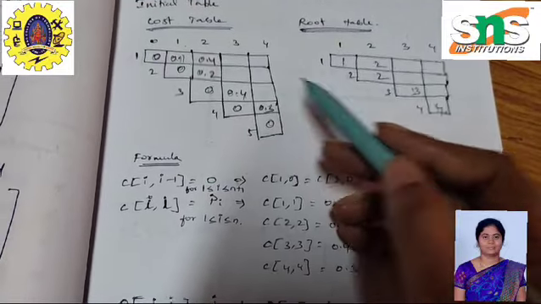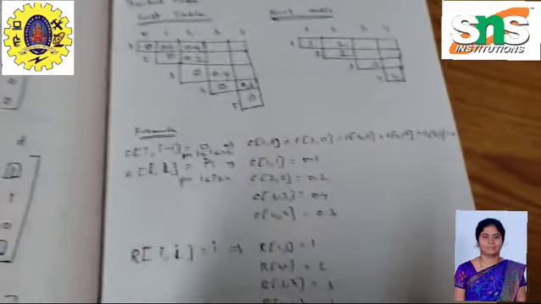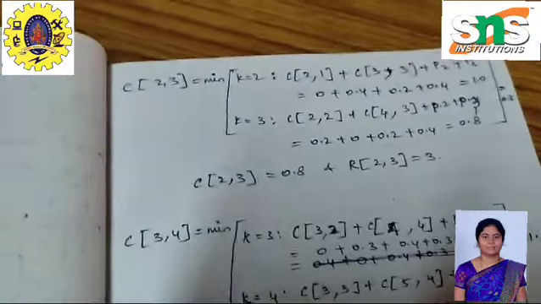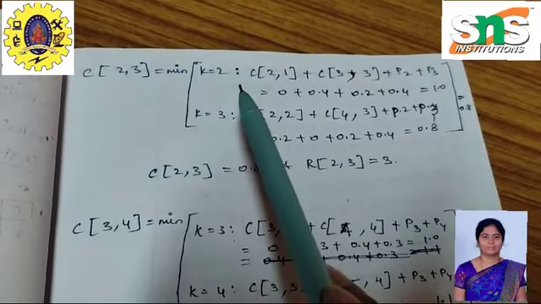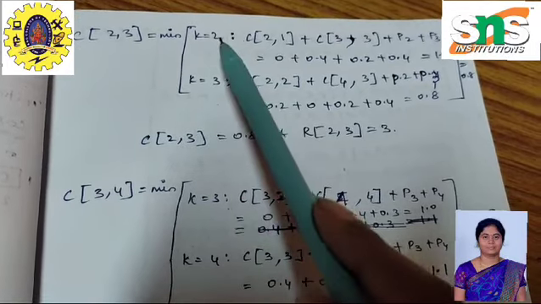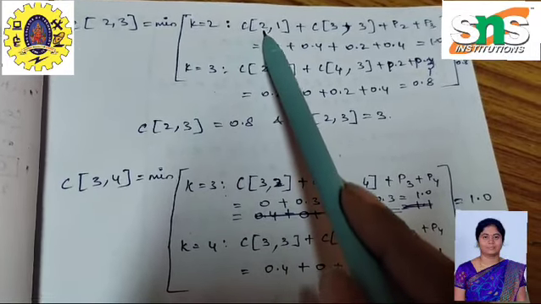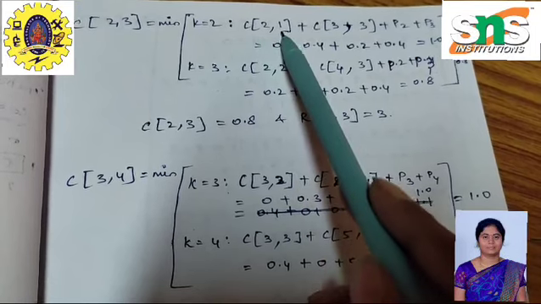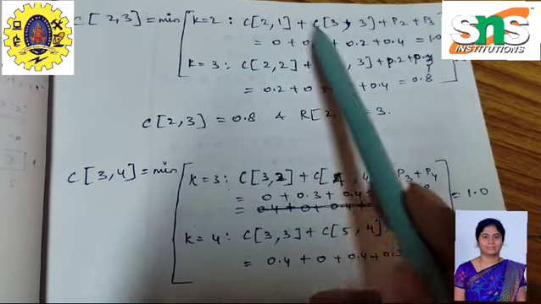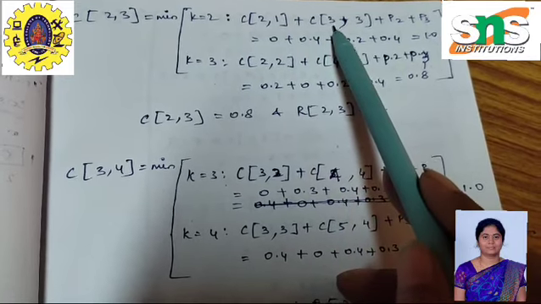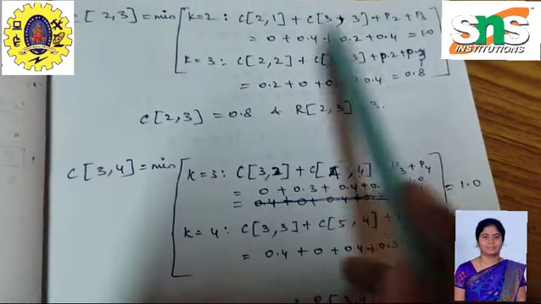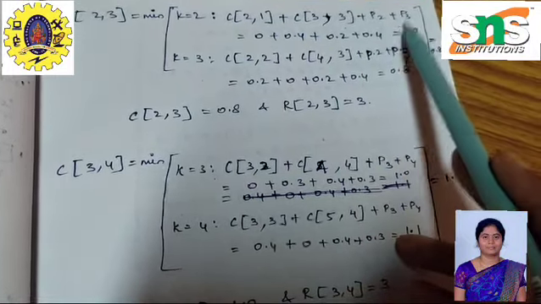Likewise, we calculate the remaining values. Here I have calculated the value for 3 comma 2. Again I am telling you for 2 comma 3, the k value is 2 and the k value is 3. If the k value is 2, we substitute C of i, that is 2 comma k minus 1, that is 2 minus 1, 1, plus C of k plus 1, the k value is 2 plus 1, 3, comma j value is 3, and p2 plus p3.